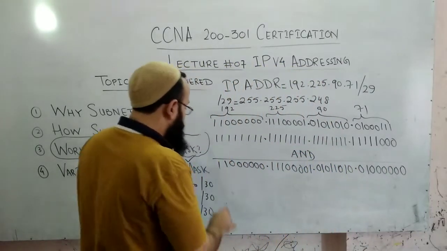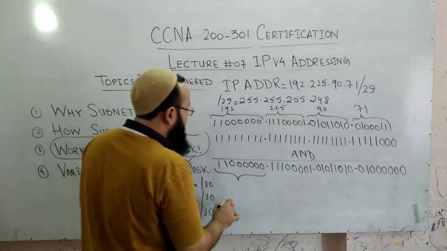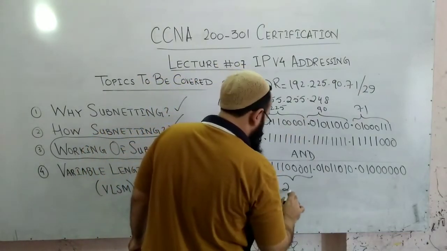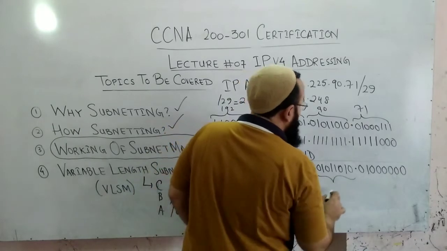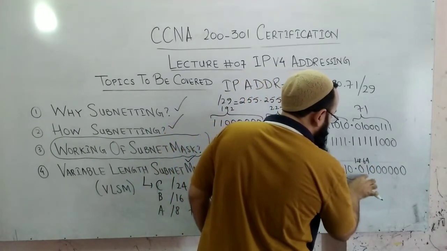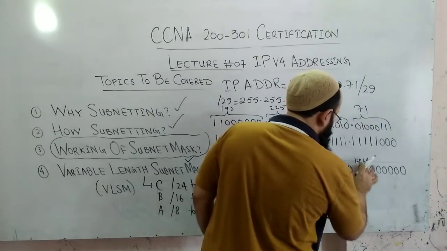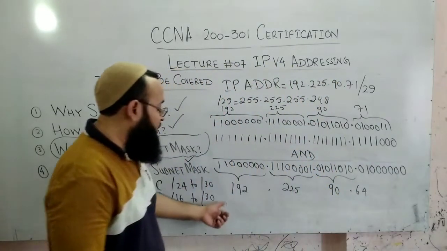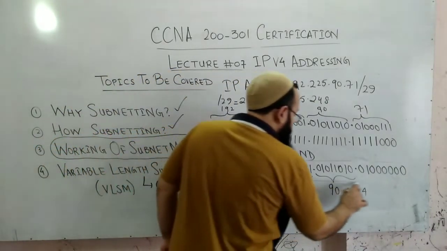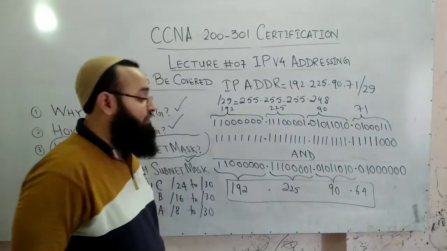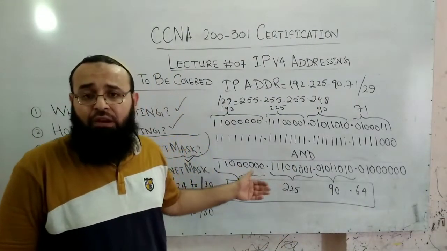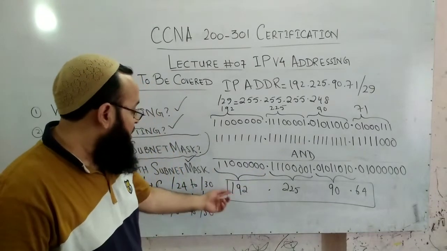So now what is the network address coming out? This is simply 192, this is simply 225, and this is simply 90, and what is this? 128, then 64, this is 64. So this is the way to find out the network address which is used by a networking device. There is a shortcut method for calculating this network address that I will be telling you later on.